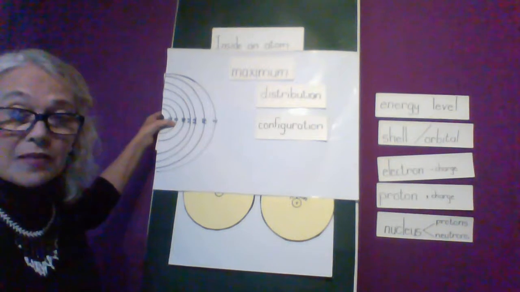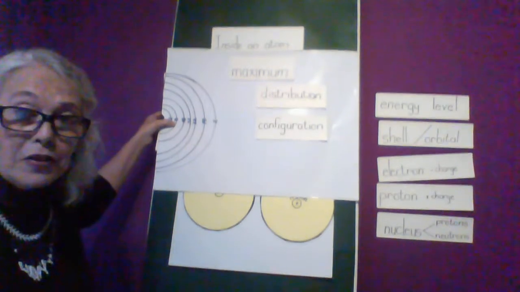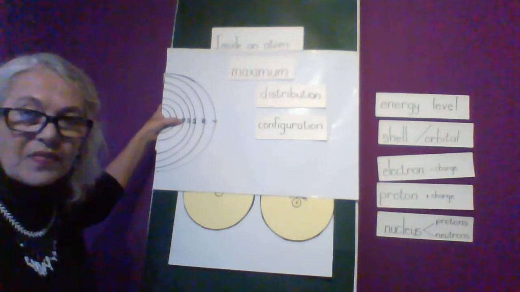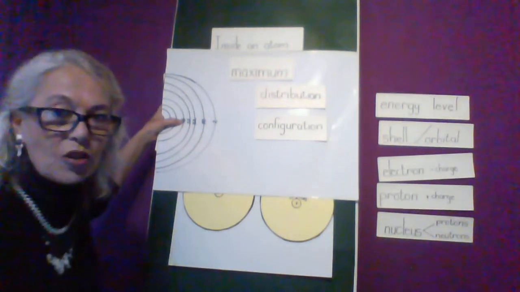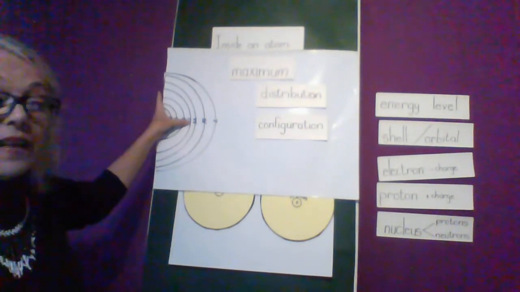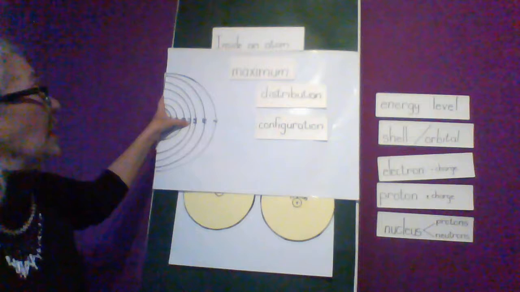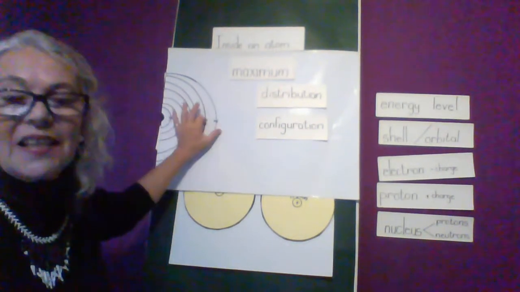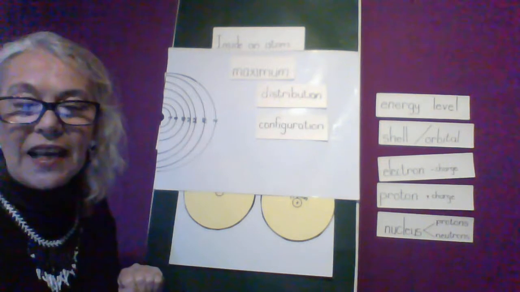So the maximum electron configuration for level 2 will be 8. The next one is 18. There's space for 18 electrons there. Now a neon atom has all of them there. Then on the next level, it's 32, then again 32, then 18, and again 2 on the last energy level.